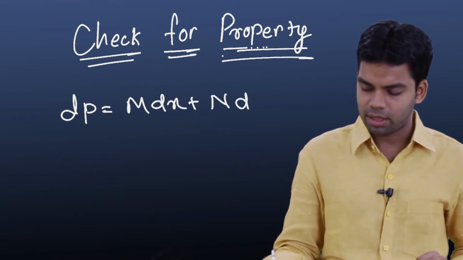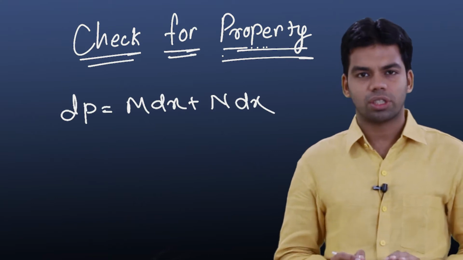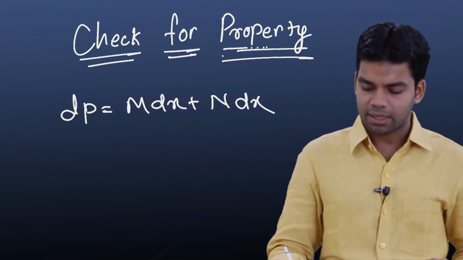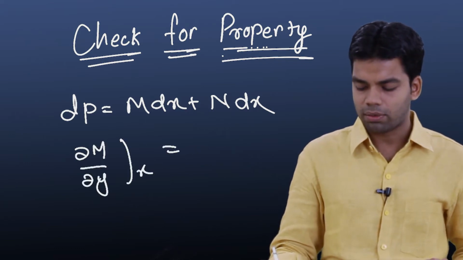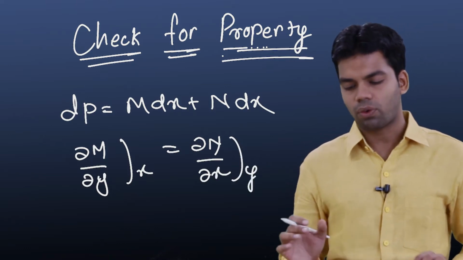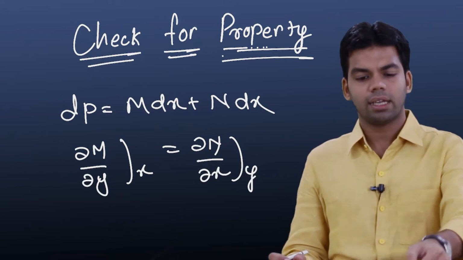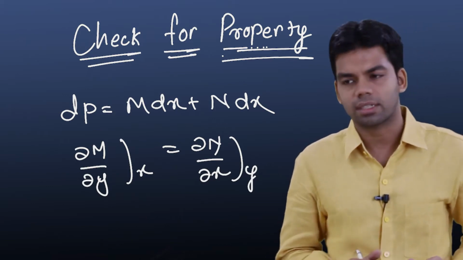We just have to check whether the differential of this function is exact or not. For an exact differential, as we know from mathematics, del M by del y at constant x should be equal to del N by del x at constant y. If it follows this relation, then we can say that the differential is exact, and this function is a point function and a property of the system.